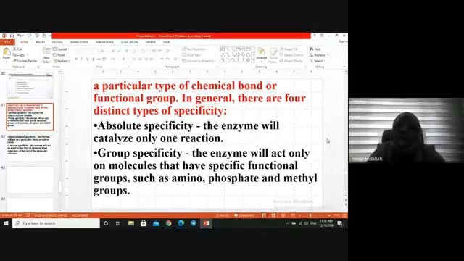Group specificity: the enzyme will act only on molecules that have a specific functional group, such as amino groups, phosphate groups, metal groups, and others.